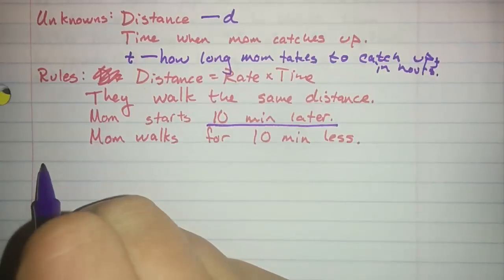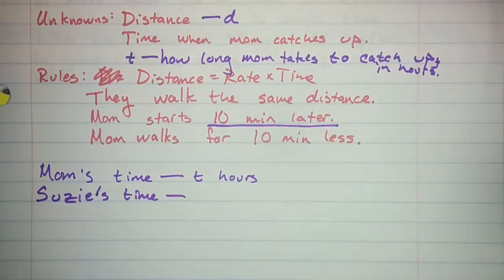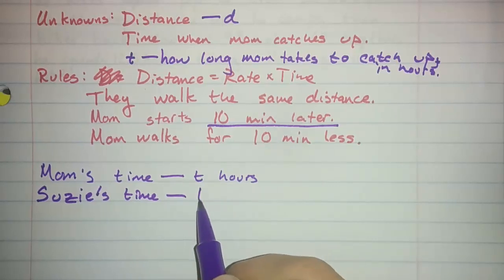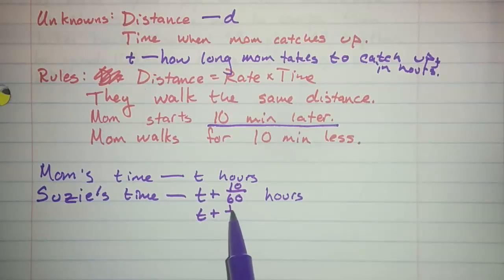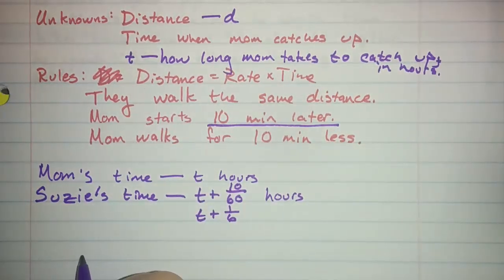That means mom's time is T hours. Susie's time is 10 minutes more. A minute is a 60th of an hour, though, so her time will be 10/60ths more. I can reduce that fraction: T plus 1/6.